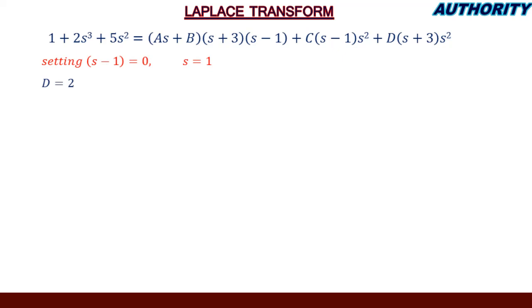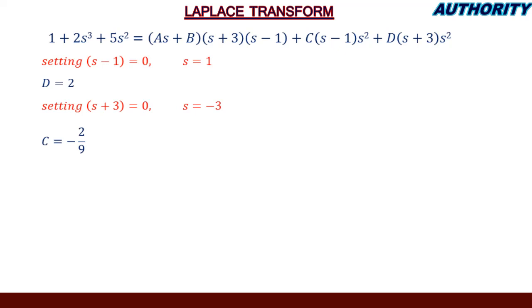Again, we set the second factor, s plus 3, equal to 0, that is to say s is equal to minus 3. In this equation 4, anywhere we see s, we write minus 3. When we do so, we see that c is equal to minus 2 all over 9.